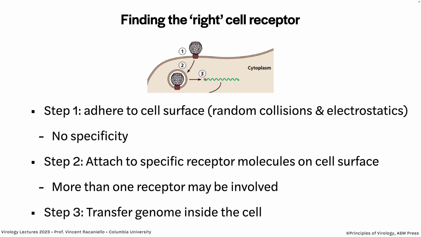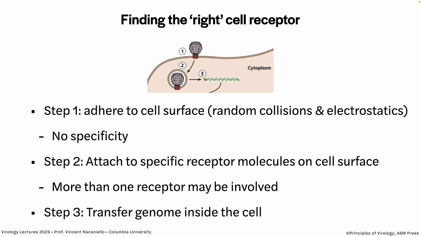There are random collisions that occur, and there's electrostatic interactions that attract the particles to the surface, so there's no specificity there. If that cell doesn't have the right receptor for the virus, that is a molecule on the cell surface, the virus will move on most likely to another cell. So step one, random collisions, and then step two, attachment to a specific receptor.